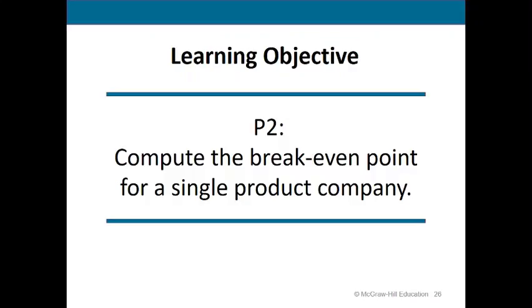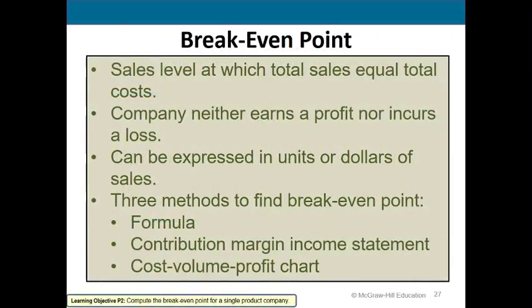From that, you can figure out your break-even point for a single product company. The break-even point is the sales level at which total sales equal total costs. The company neither earns a profit nor incurs a loss.